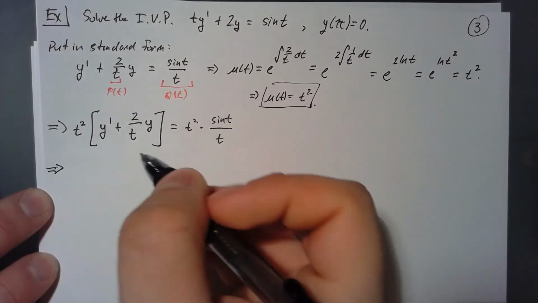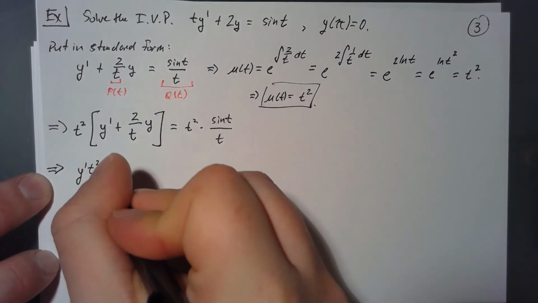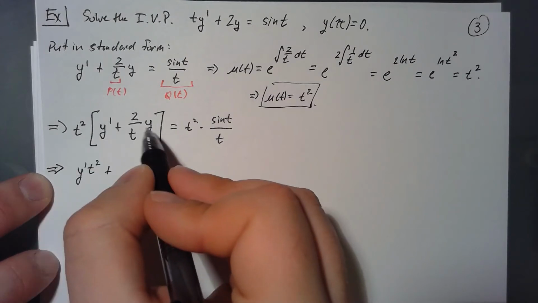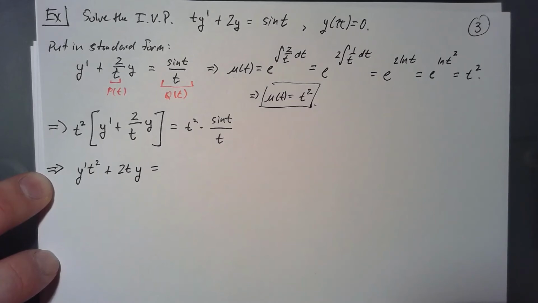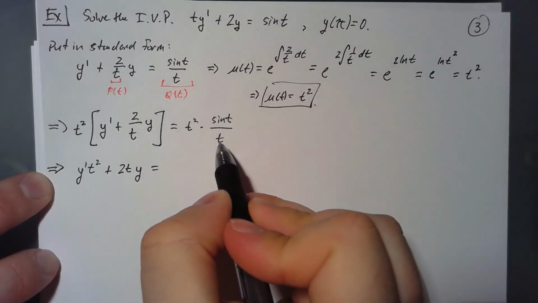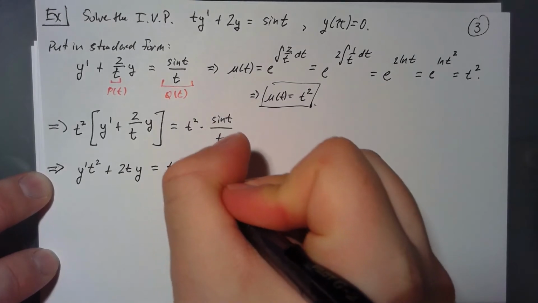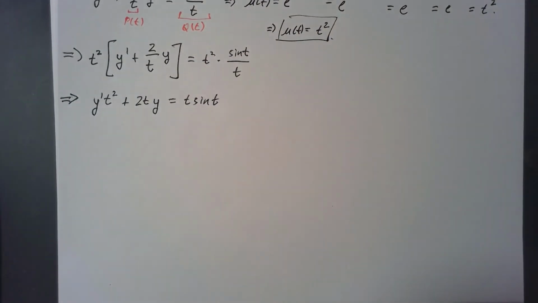Distribute the t squared, so I'm going to have y prime t squared. T squared over t is just t, so I'm going to have 2ty equals t squared over t is what? T. So I'm going to have t sine of t. Alright? So this is what I have now.